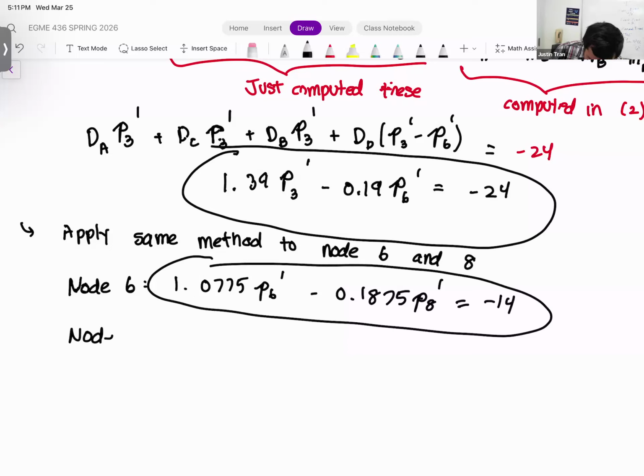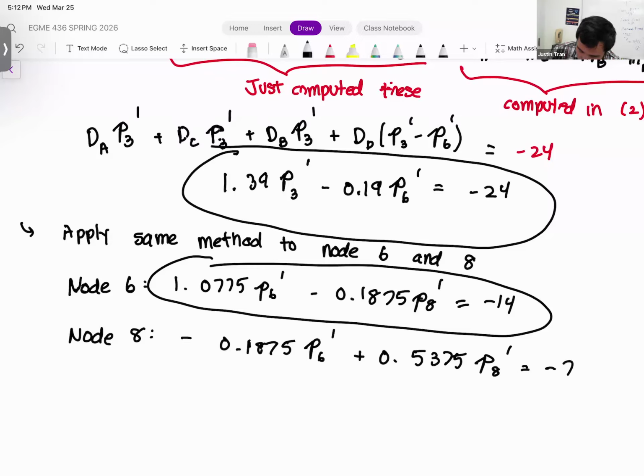And then for node 8, we get minus 0.1875 P6 prime plus 0.5375 P8 prime is equal to minus 7.